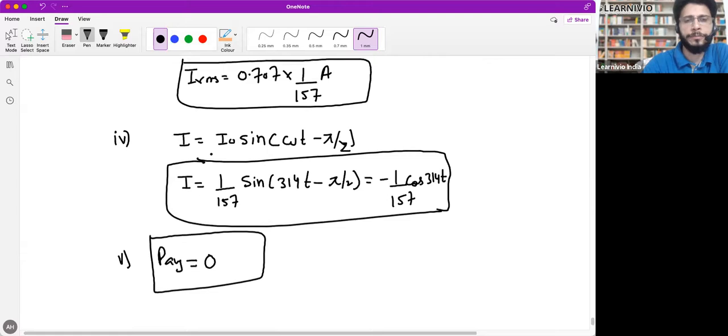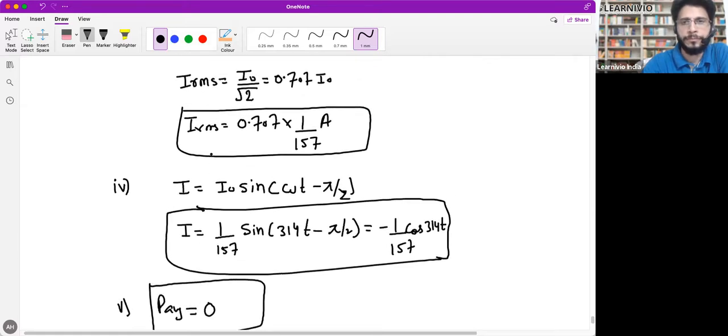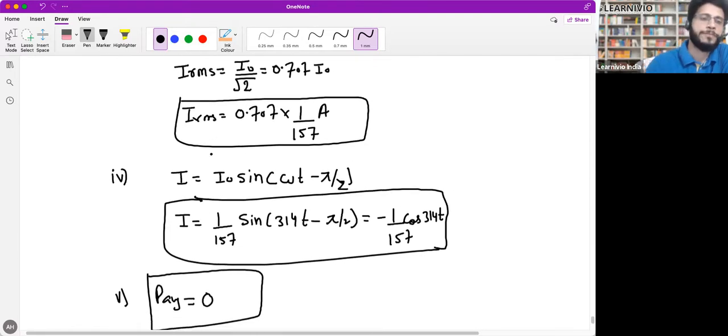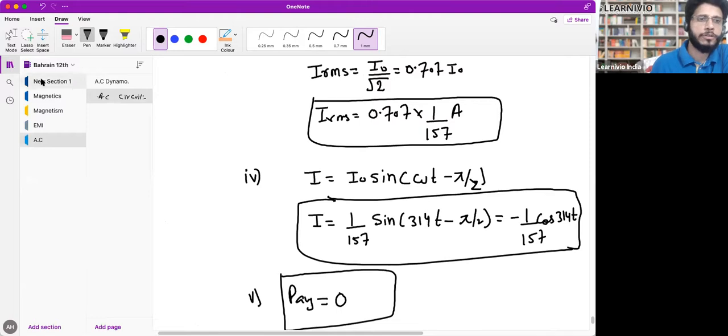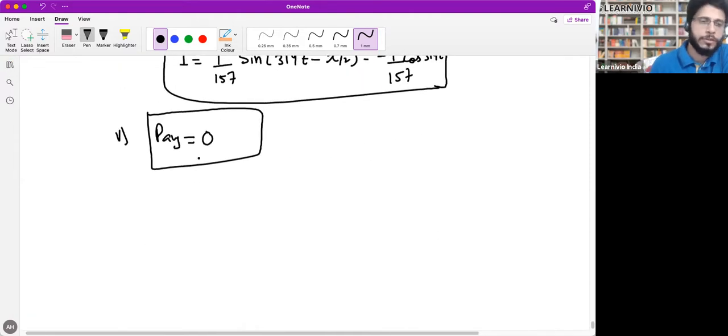Okay. Is it clear? See the next thing. Let's do one more question on inductor.